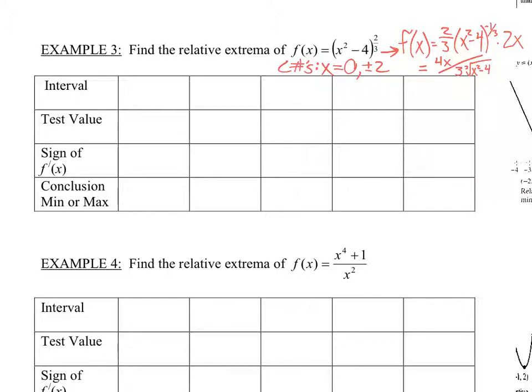These are our critical numbers. So here we have 3 critical numbers, which means for our table we need one more column, if we're going to do the whole thing.